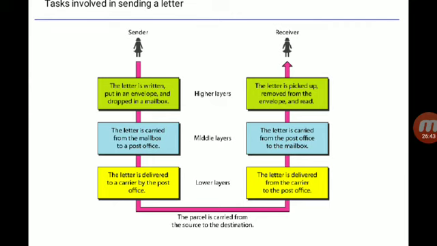The person has to come down from the sixth floor to the fifth floor to the ground floor, and from there reach the ground floor of the next seven-storied building, and then climb up to reach the next person. This is how personal communication happens. But when it comes to data, the data will follow the manner we have discussed in the post or letter case.